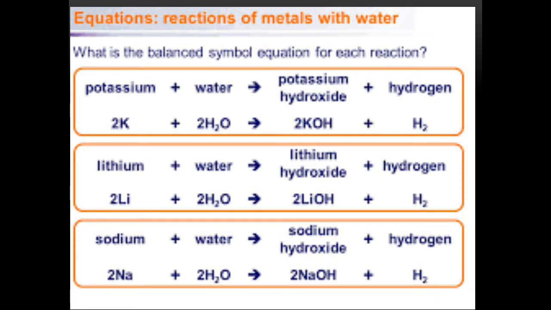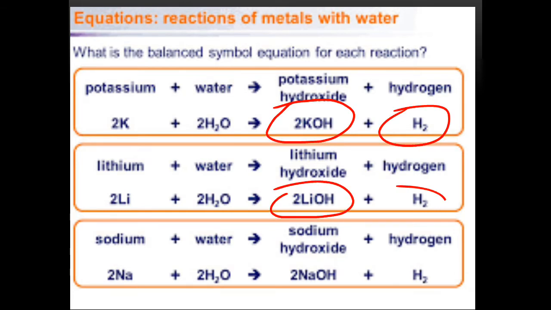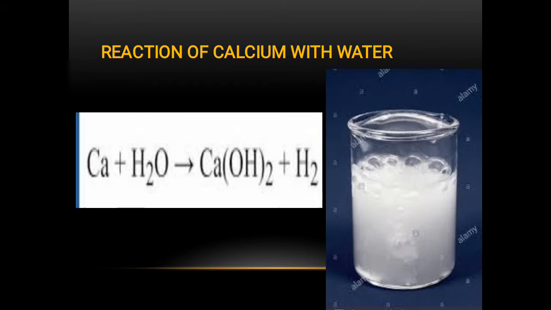When group 1 metals or alkali metals react with water, they produce their hydroxides and hydrogen gas. Similarly, lithium forms lithium hydroxide and hydrogen gas, and sodium reacts with cold water to produce sodium hydroxide and hydrogen gas.